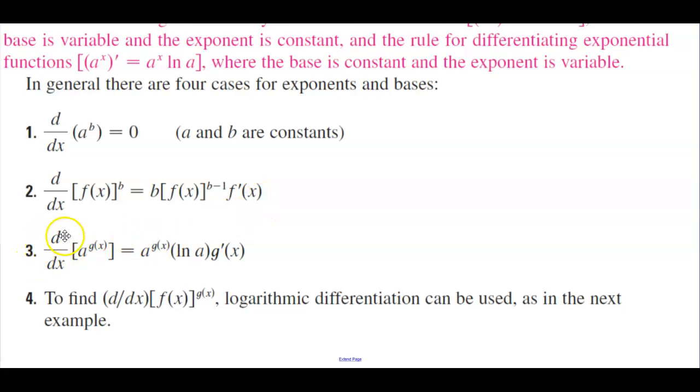Number 3, the derivative with respect to x of a to the power of g of x is equal to a to the g of x times the natural log of a times g prime of x. And number 4, to find the derivative with respect to x of f of x to the g of x, logarithmic differentiation can be used, as we will see in the next example.